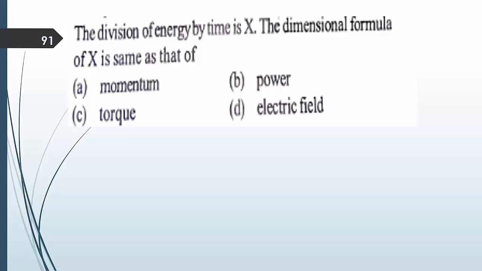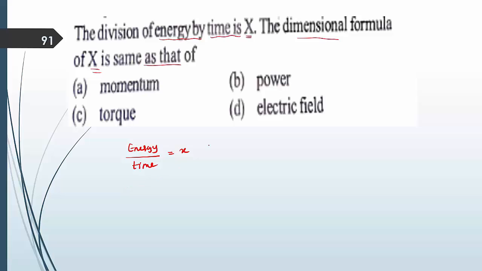Question number 91. The division of energy by time is x. The dimensional formula of x is as same as that of. See here it is very simple question. Here it is given division of energy by time is equal to x. So we can write energy divided by time, that gives power. We know that rate of doing work.